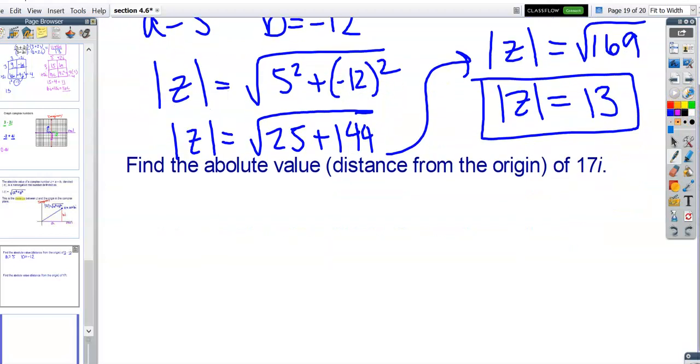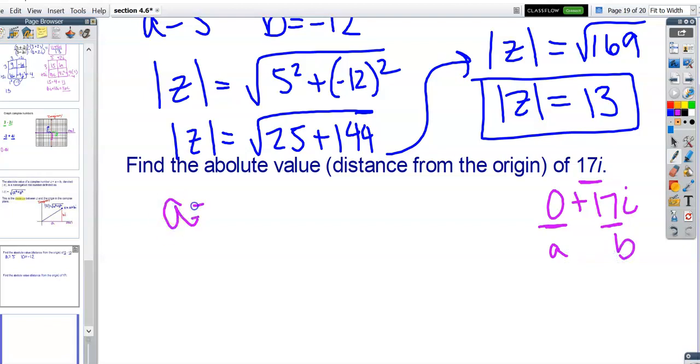Second question, same thing. Figure out what a is, figure out what b is. So I see 17i, but just like when we plotted the point negative 5i, that just means our a is equal to 0. You could think about this as like 0 plus 17i. So here's a, here's b, a equals 0, b equals 17. Substitute it into the formula.